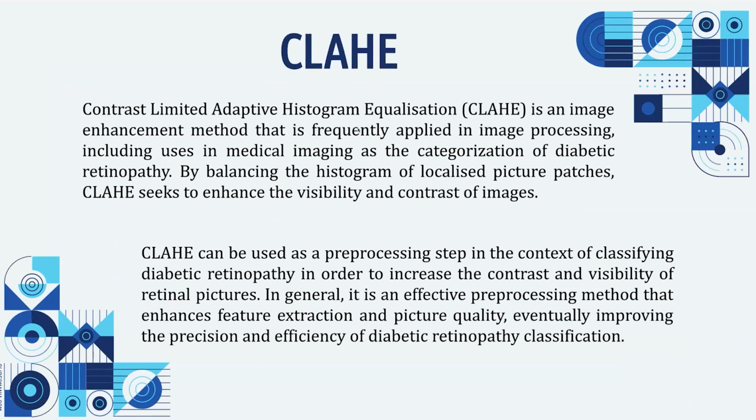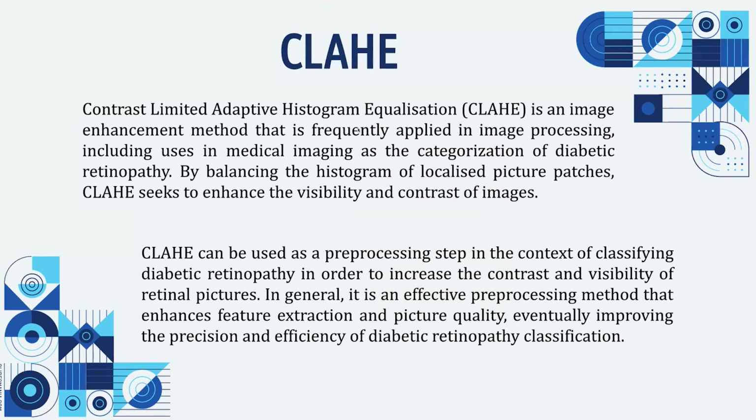Further, I'll explain a bit about data preprocessing and the CLAHE steps which we have implemented. For that, I'll explain what CLAHE primarily is. So CLAHE stands for contrast limited adaptive histogram equalization. Histogram equalization is basically a technique used to enhance the contrast of the image. But in histogram equalization, we come across over brightness in the images, which reduces the clarity of the image, due to which researchers take into consideration adaptive histogram equalization.